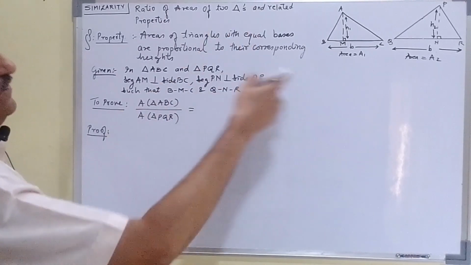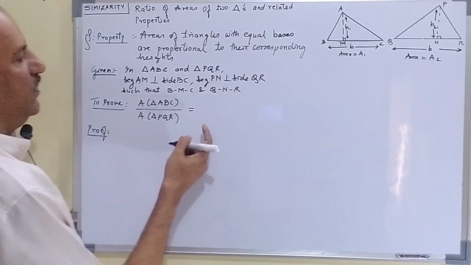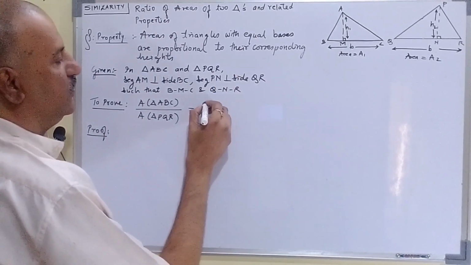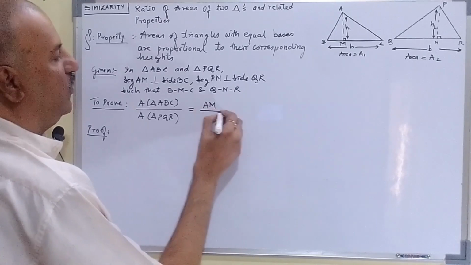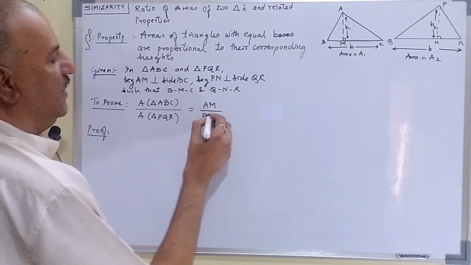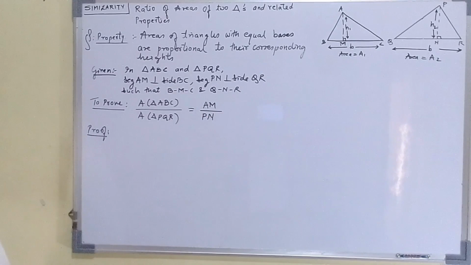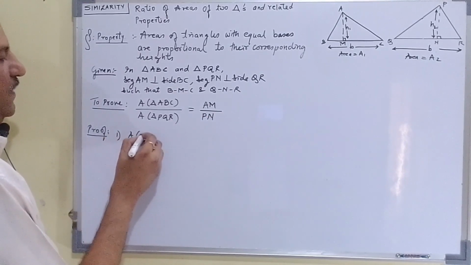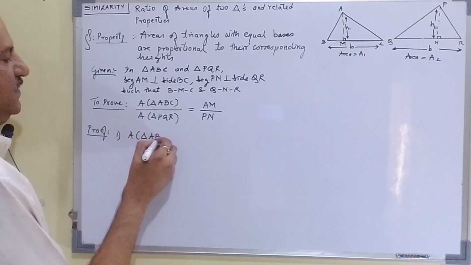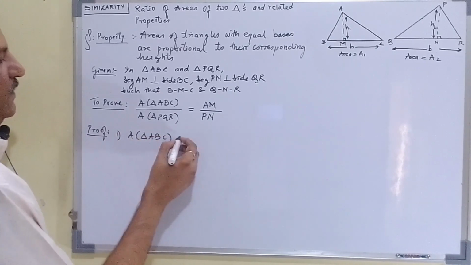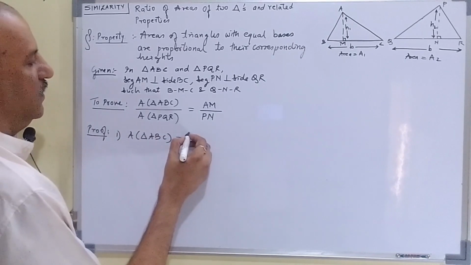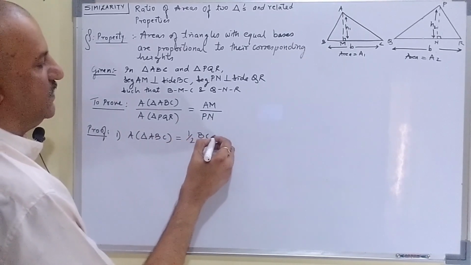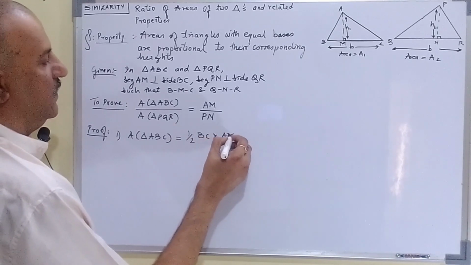Now the ratio of area of triangle ABC upon area of triangle PQR will be, since bases are equal, they cancel out. We are going to get the ratio of height AM upon PN. So now let us prove it. First statement, area of triangle ABC equal to half base into height, so BC into AM.